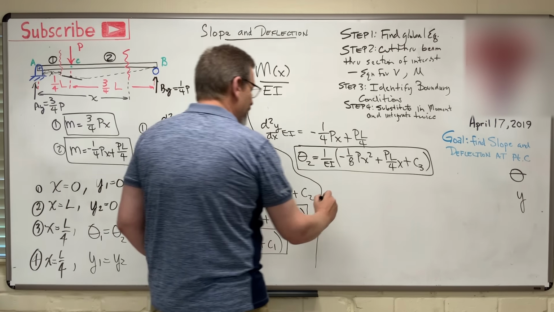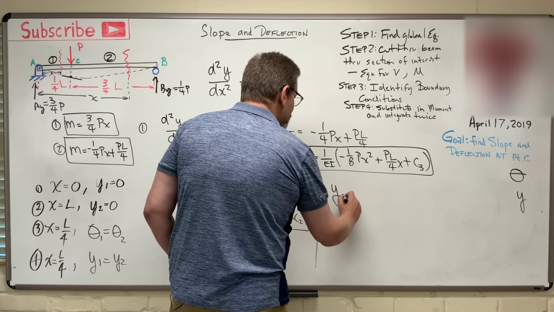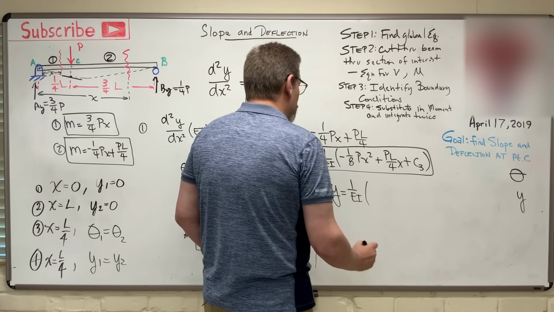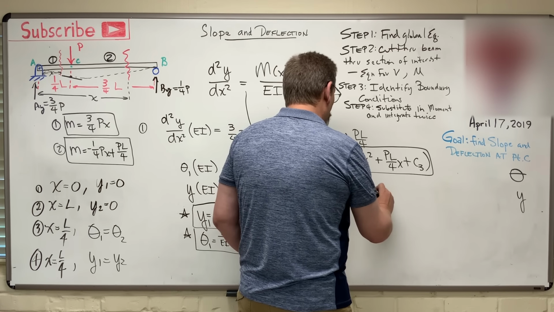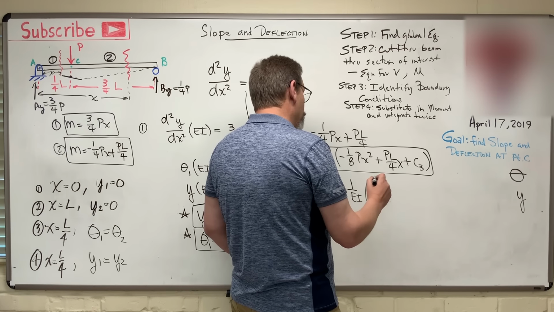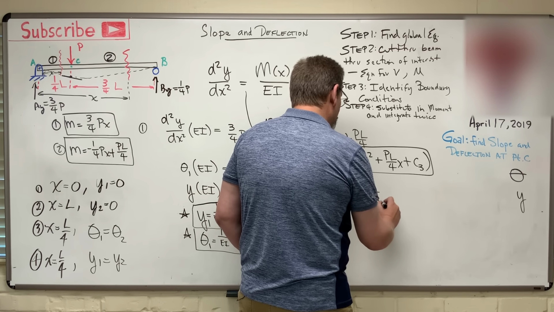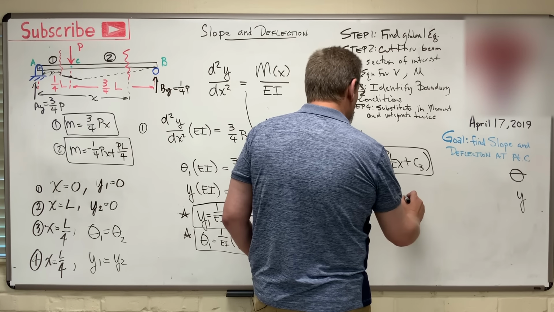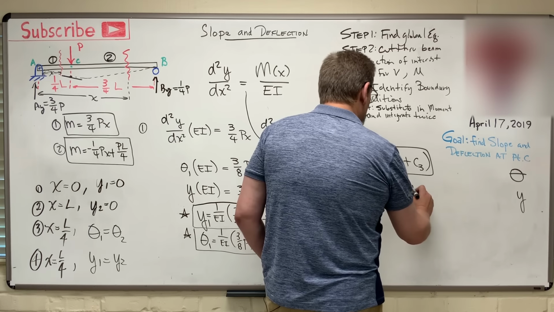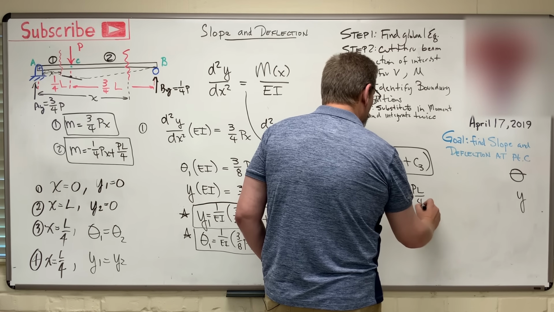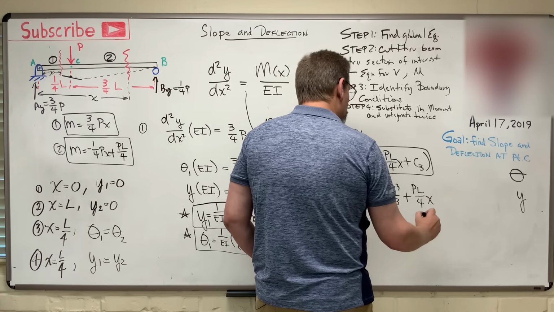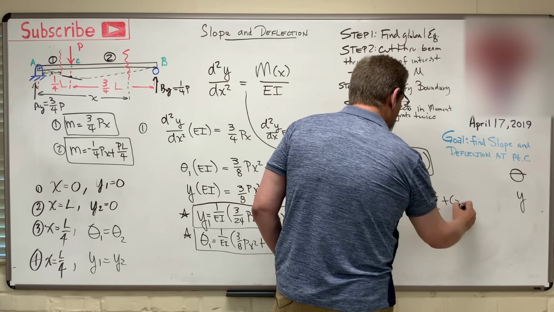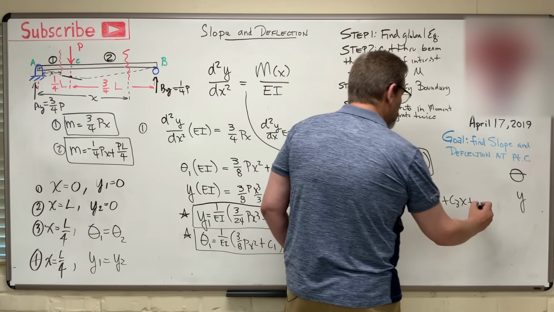When we integrate that again, we get y equal to 1 over EI times 1/8 px cubed over 3 plus PL over 4 times x squared over 2 plus c3x plus c4.